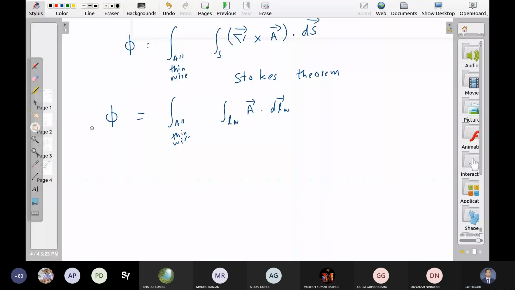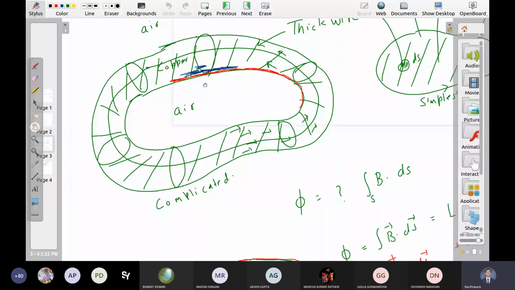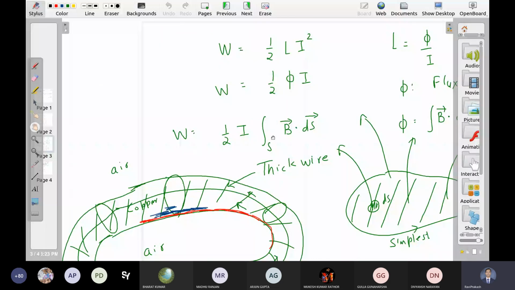What is the energy stored? W is how much? We have calculated this earlier. W is half of current into flux, half phi into I. So phi we have calculated, multiply with half I and we will get the answer.